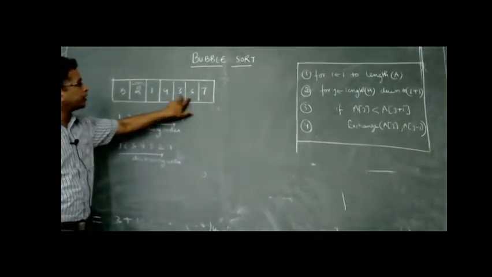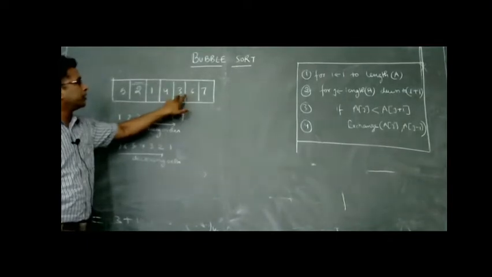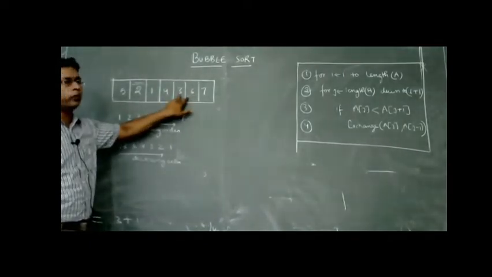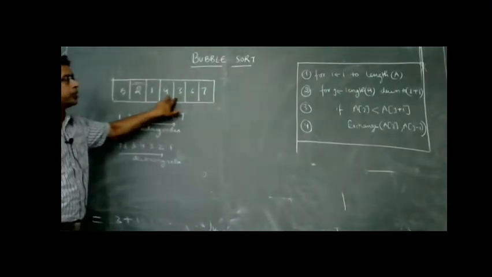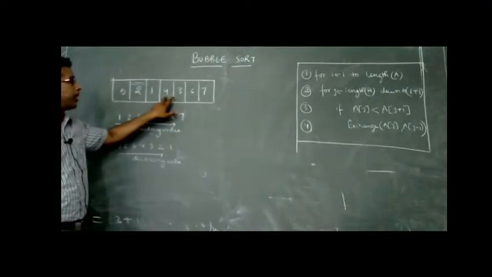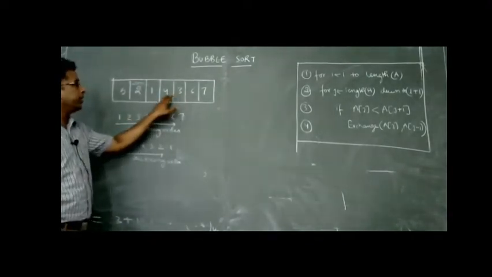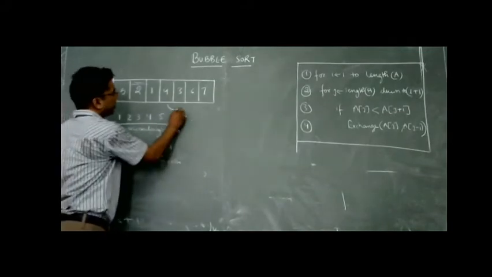But if we compare 3 and 6 together, 3 is smaller than 6, so no need of swap. But between 4 and 3, there is a condition that the larger element is coming on the left hand side and the smaller element is on the right hand side. In this situation, we shall perform the swap.